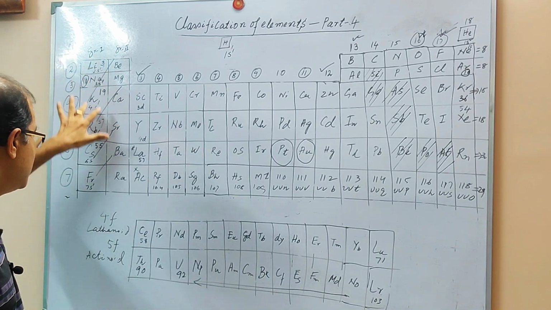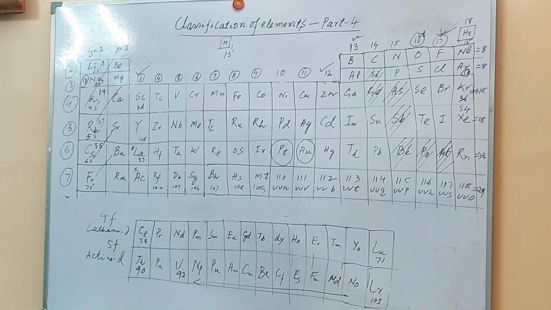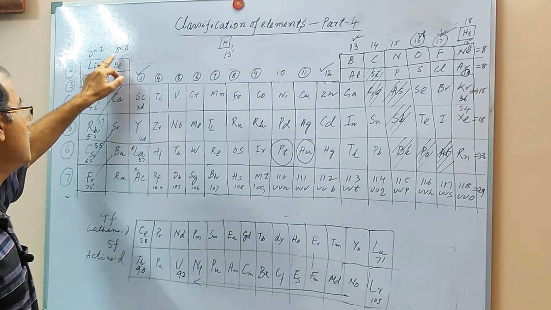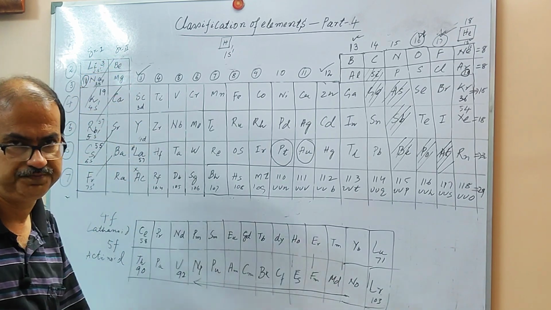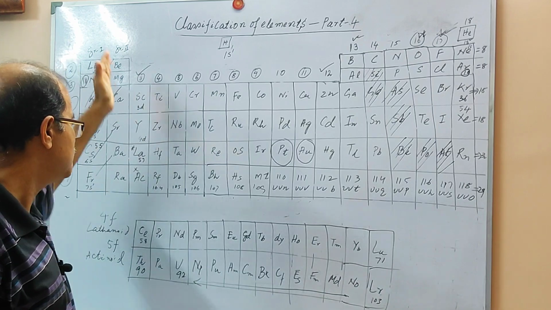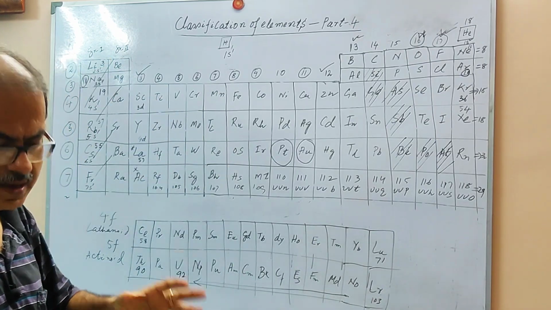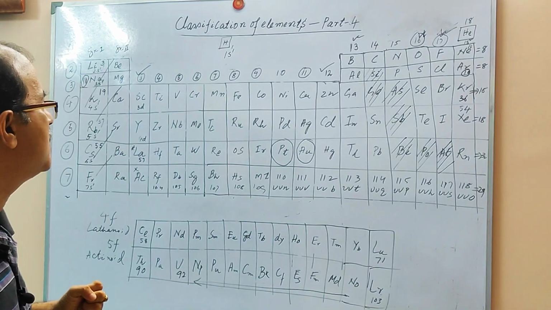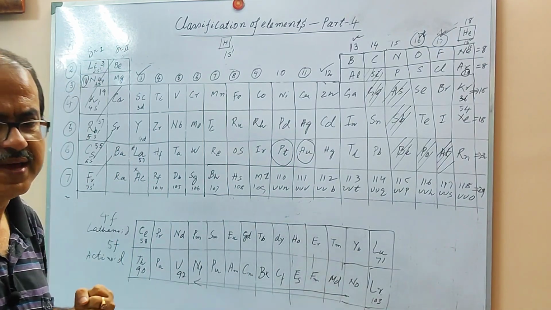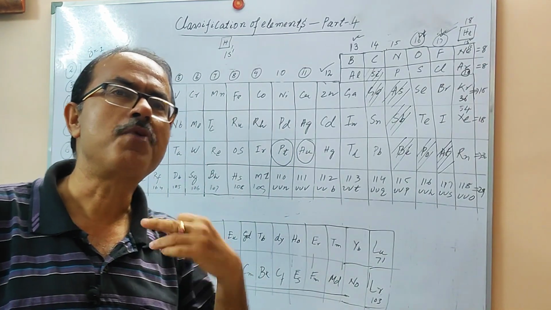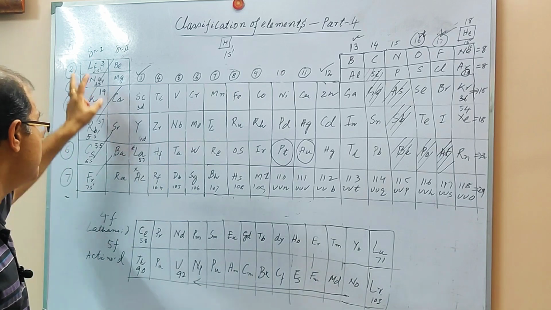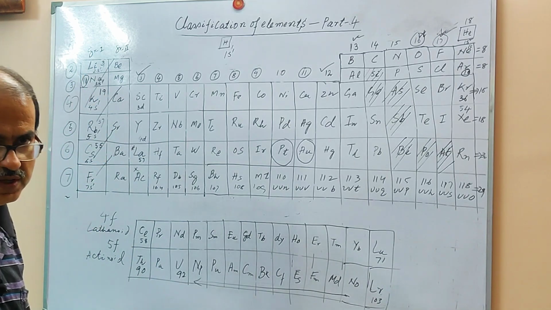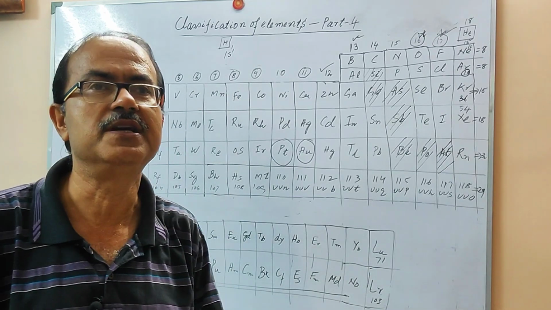You can see the configuration of the valence shell is totally the same, and you can observe this in all the groups. In all the groups you have the same electronic configuration of the outermost valence shell, and that is why the properties of the elements are similar in the group. A group is basically a family.